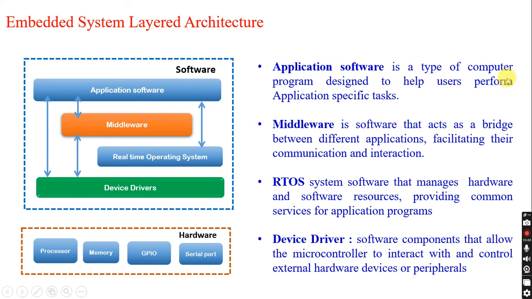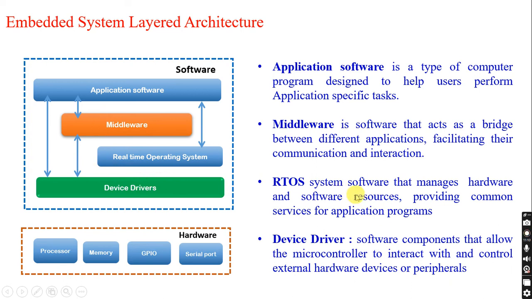Application software is a type of computer program designed to help the user perform some application-specific tasks. The middle level software acts as a bridge between the application and the device drivers to interact.